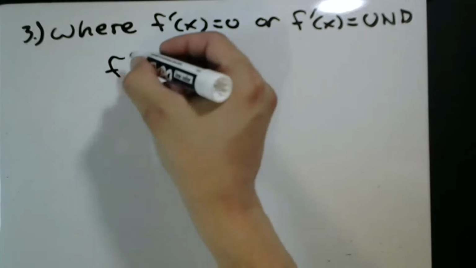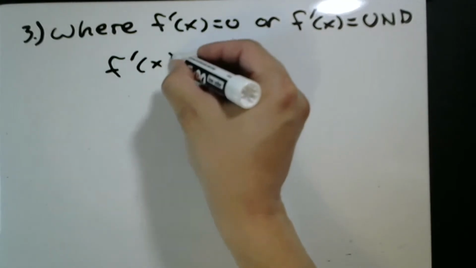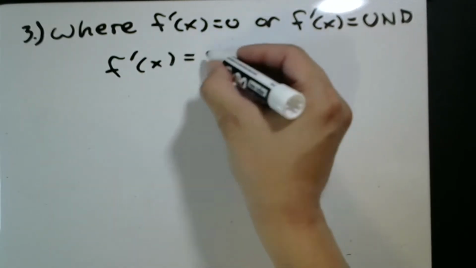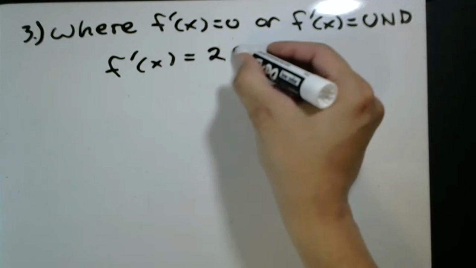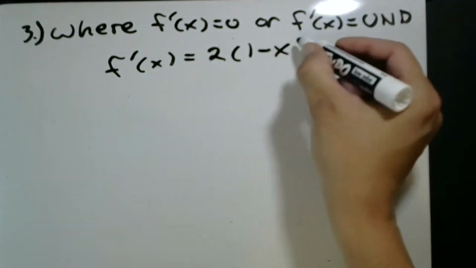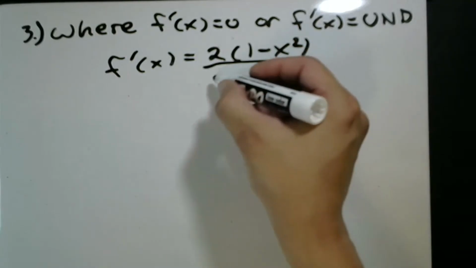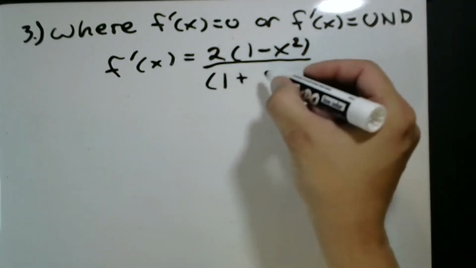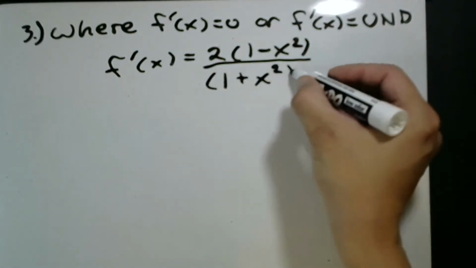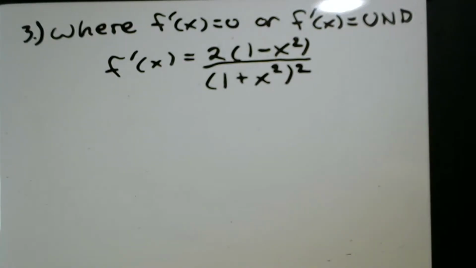So let's take a look at our derivative here. Now, is there any place where this could be undefined? Well, again, there's no square roots or even roots. There are no tangents or logarithms or secants or things like this.